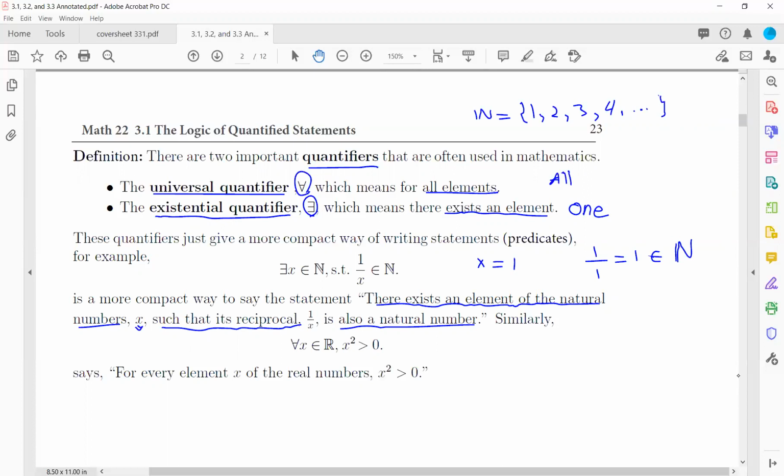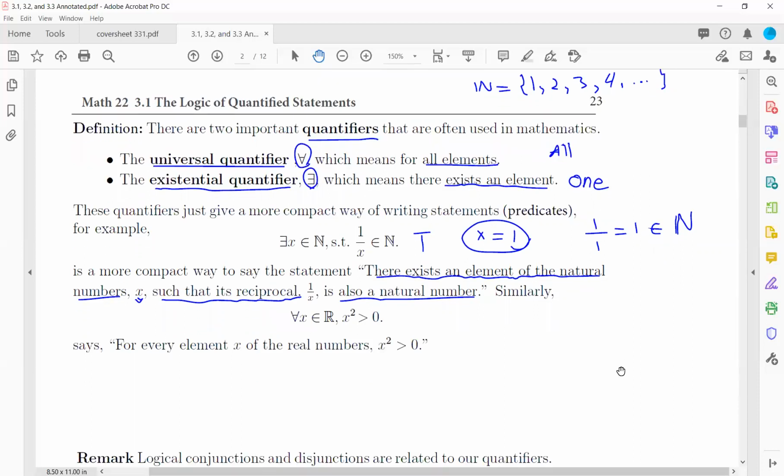There is? Yes, there is. I found it. It's just right here. So this is a true statement. I just proved that statement by finding the element x equals 1. Perfect.